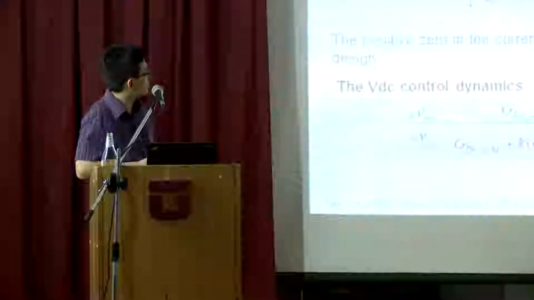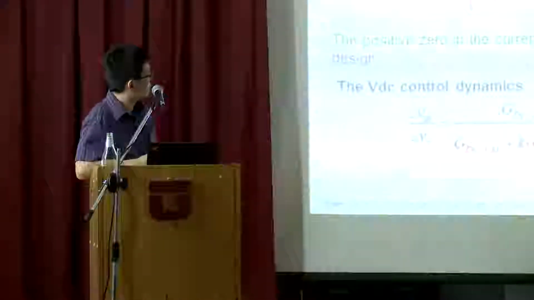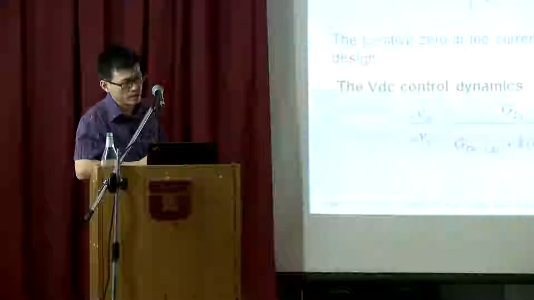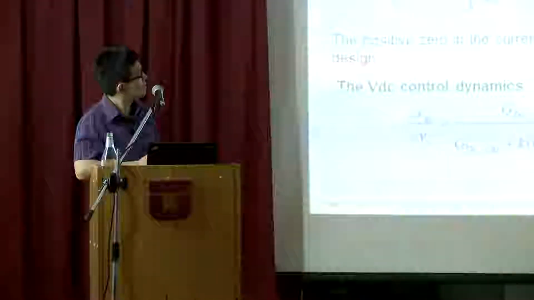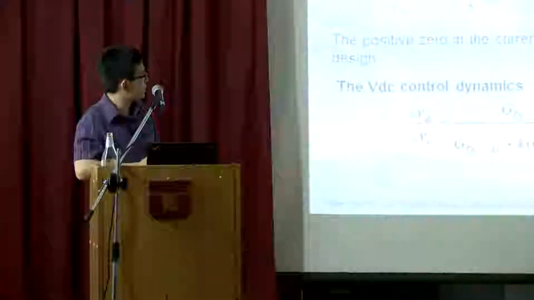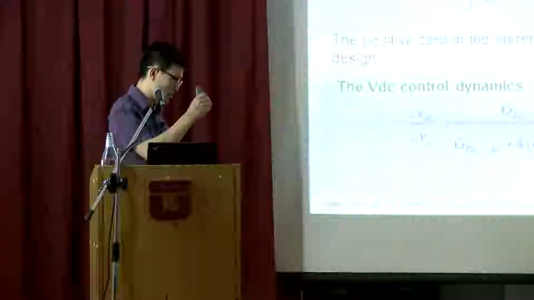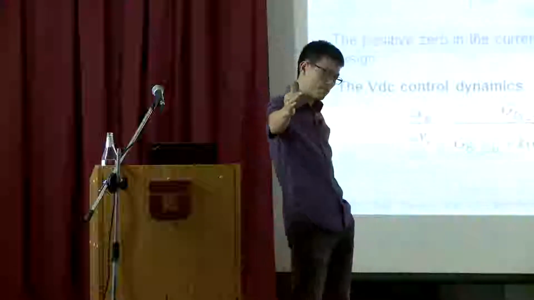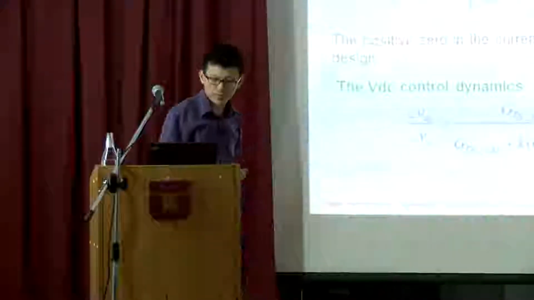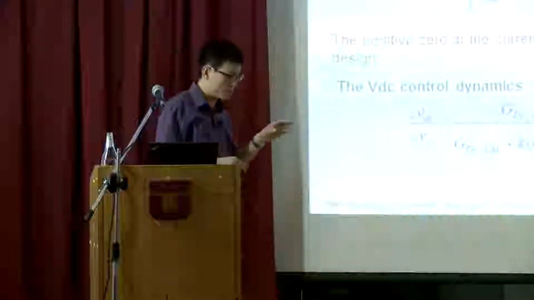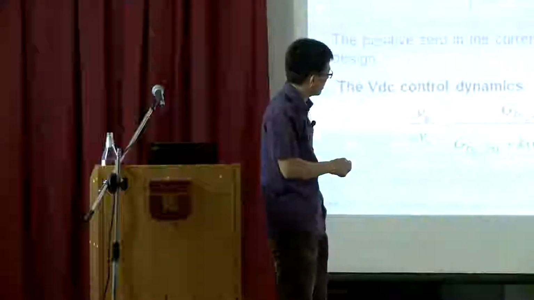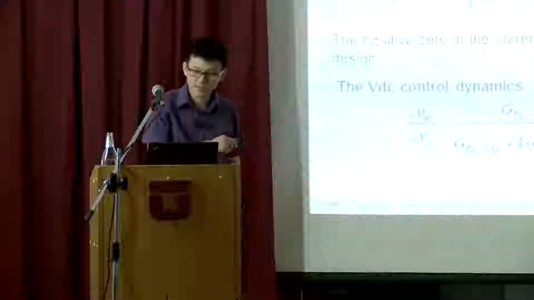What you really end up with in this IDC closed loop, the IDC control dynamics, because it's minus, you have a positive 0. So you have a 0 on the right half plane. This positive 0 will give you a lot of challenge when you design the current control loop. This is something you should be aware of.